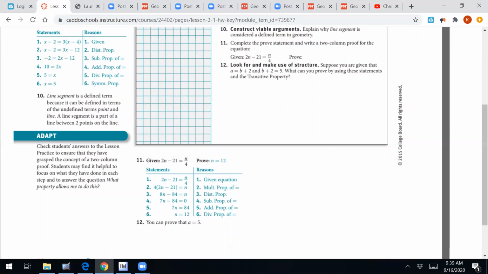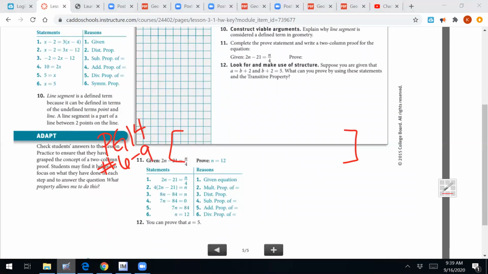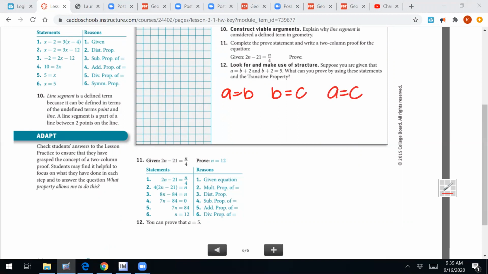Number 12 says, suppose you are given that A equals B plus 2 and B plus 2 equals 5. What can you prove using these statements and the transitive property? Remember, the transitive property is the one that tells you, we didn't talk about this too much in class, but it says if A equals B and B equals C, then A equals C. So in this case, our A is A, but B is B plus 2.